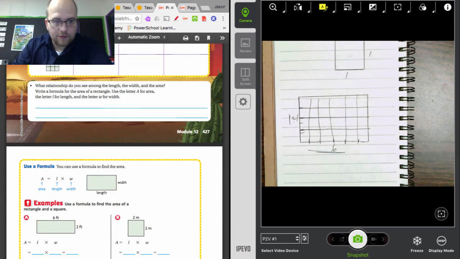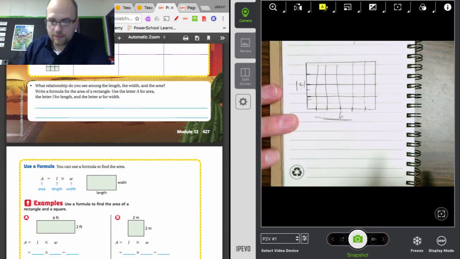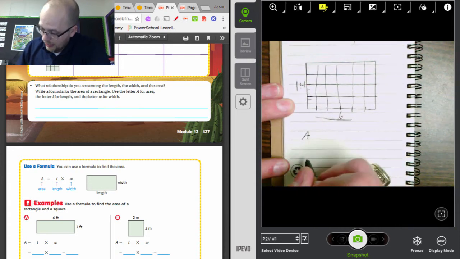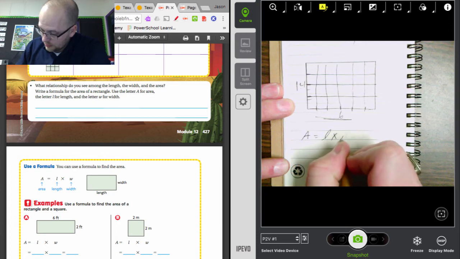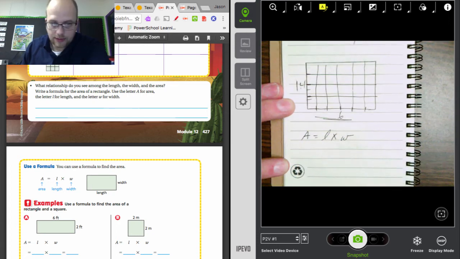The formula for the area of a rectangle is A for area equals length times width. Every time you see a rectangle, the formula is going to be area equals length times width.